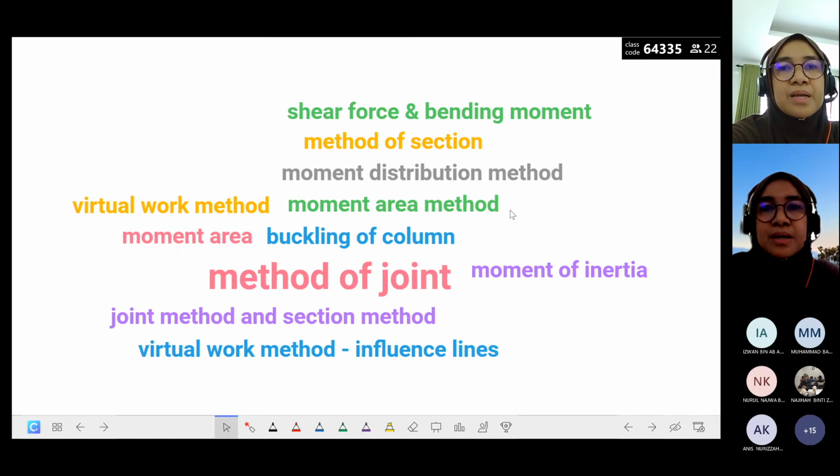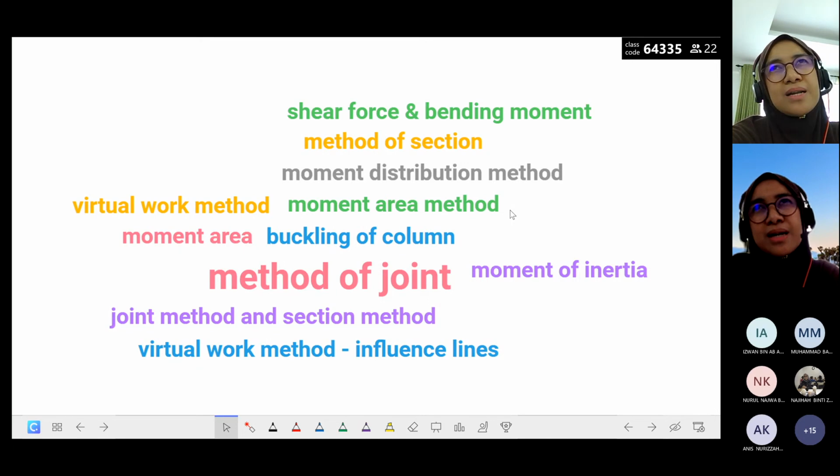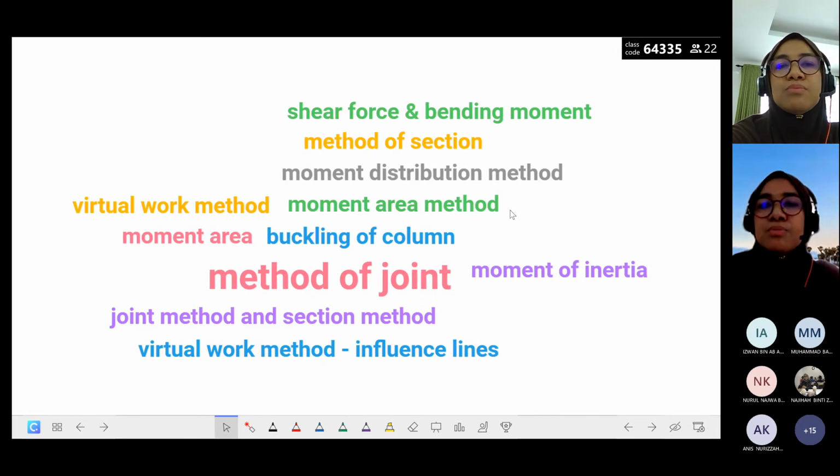repeat it again. Buckling of column: you have learned how to calculate the critical P, where under buckling of column you have learned about the effective length.